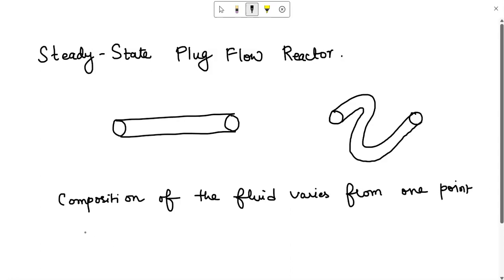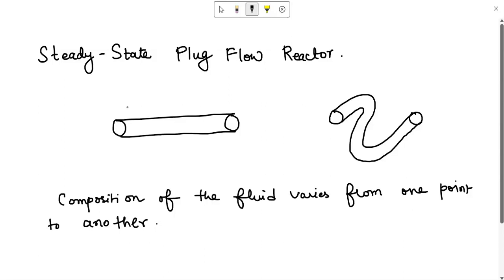So we do not have uniform composition over here. Accordingly we set up the balance. Before I start writing the balance, it is important to note that since the composition of the fluid varies from one point to another, we have to take the differential element of the entire reactor volume.